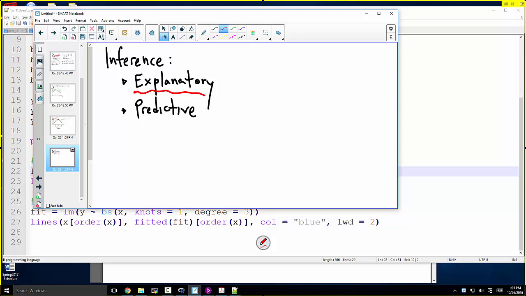The goal with explanatory inference is to have a model that is suitably accurate and interpretable, and the goal is not to try to fit the data as perfectly as possible.